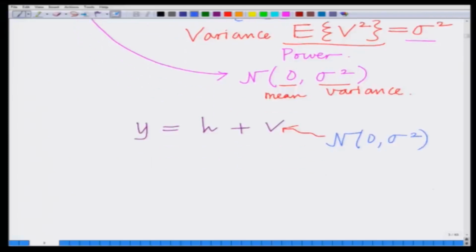Now, what is the PDF f of y of the random variable y, where, recollect, y is the observation?